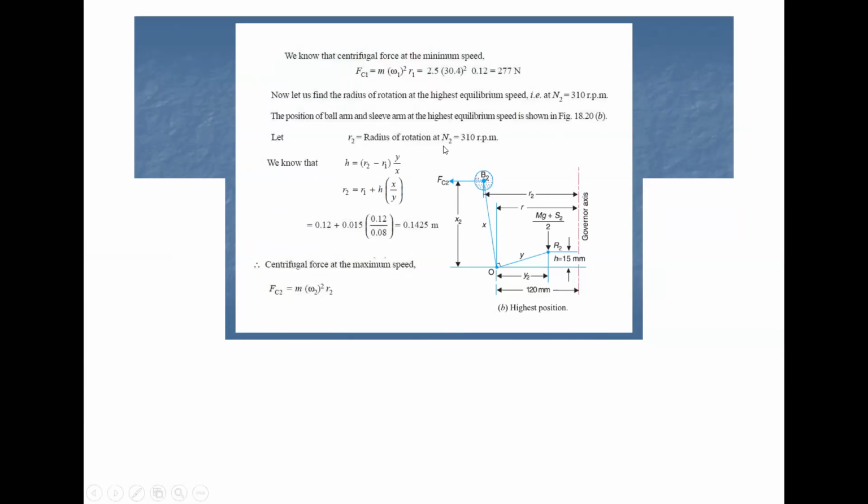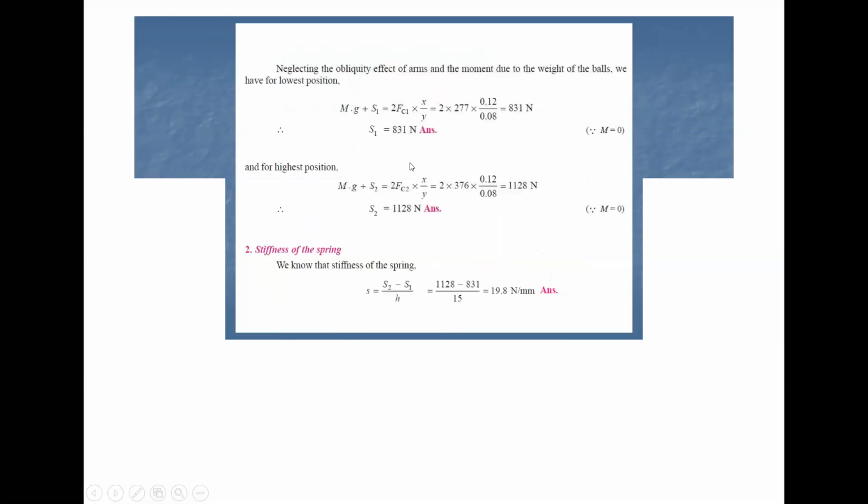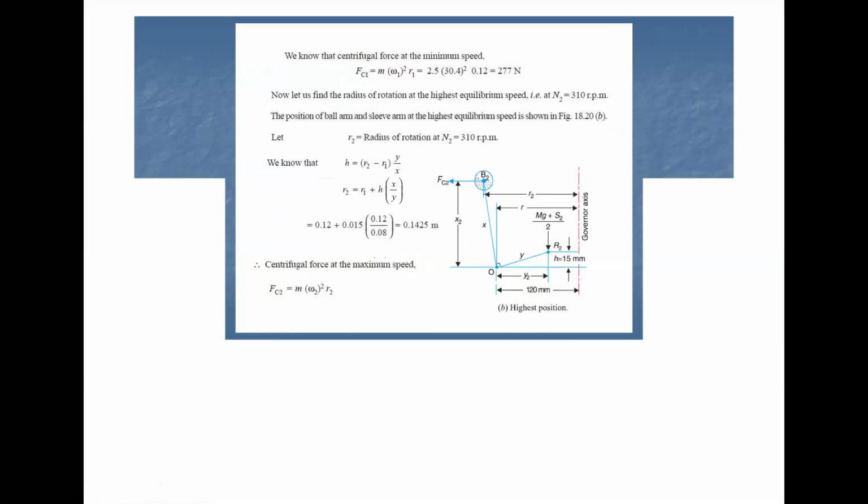R2 is the radius of rotation, and we know the relation between the radii. So h equals r2 minus r1 into y by x. Therefore R2 equals r1 plus h into x by y.